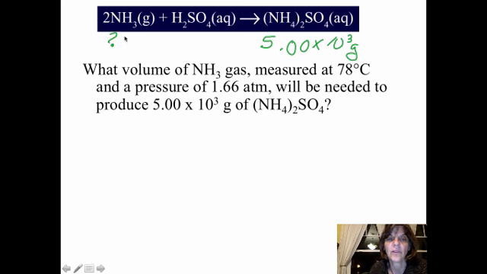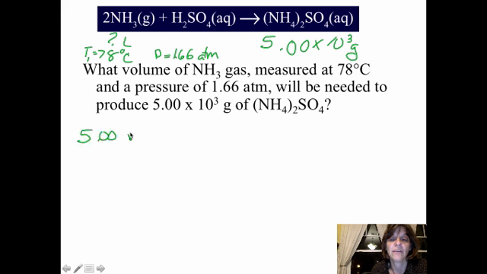We want to know liters of ammonia at a temperature of 78 degrees Celsius and a pressure of 1.66 atmospheres. All right, the link between two substances in an equation is always via moles and their mole ratio. So let's start just by doing some stoichiometry.